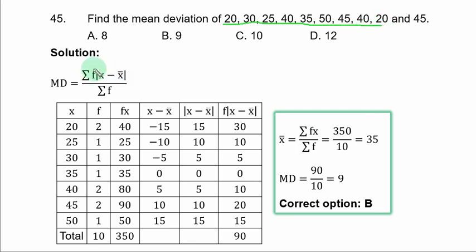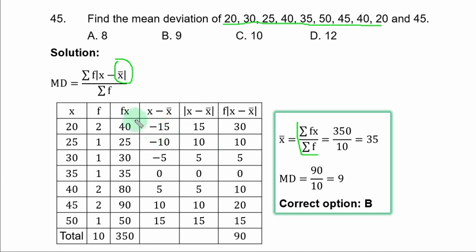Mean deviation is obtained as summation of f times the absolute value of s minus the mean, over summation of f. So we take s as the data point, then 20 appears twice, 25 appears once, and so on.